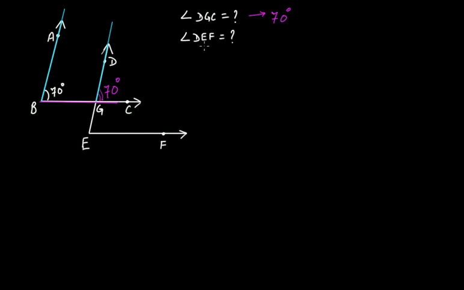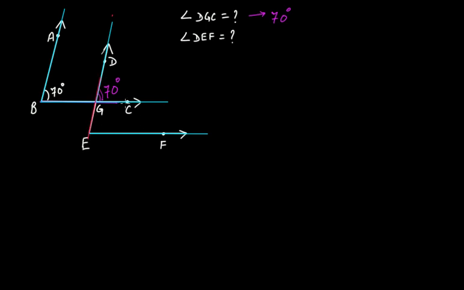What will be angle DEF? That is DEF. Now, focus on this line. Sorry, first let me draw it here. Focus on these two parallel lines, and these two parallel lines are being intersected by this transversal line, right?